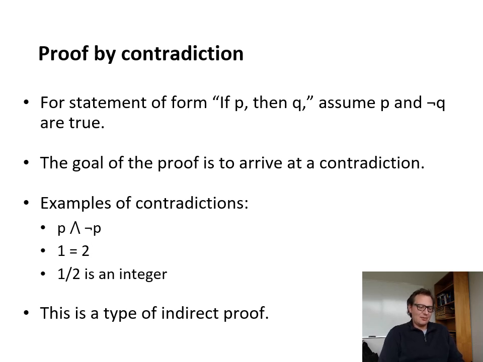Or if we derive that 1 is equal to 2. Or if we derive that 1/2 is an integer, and so on. One common example is that we derive that k is both an even and an odd number. So these are all examples of contradictions. This is a type of indirect proof, and it's commonly used because it leads to a simpler proof.